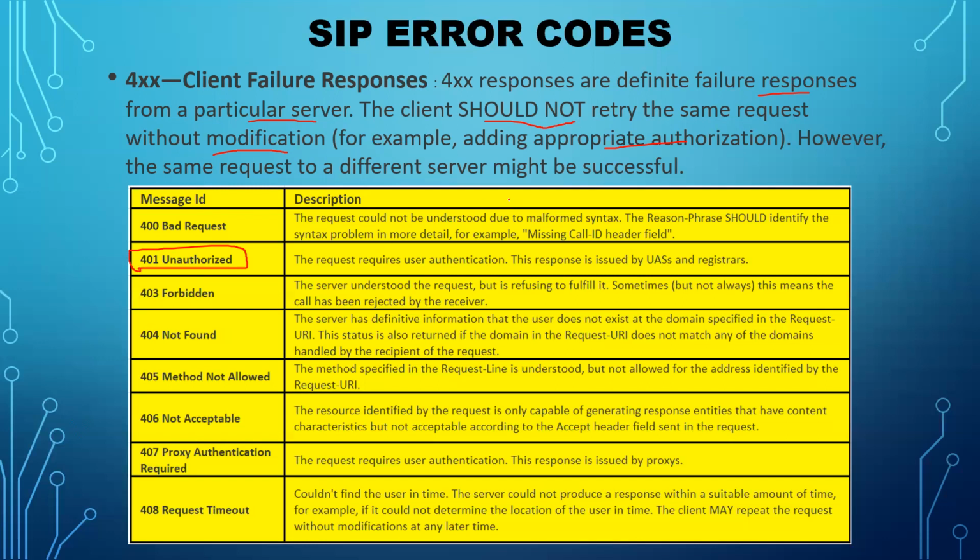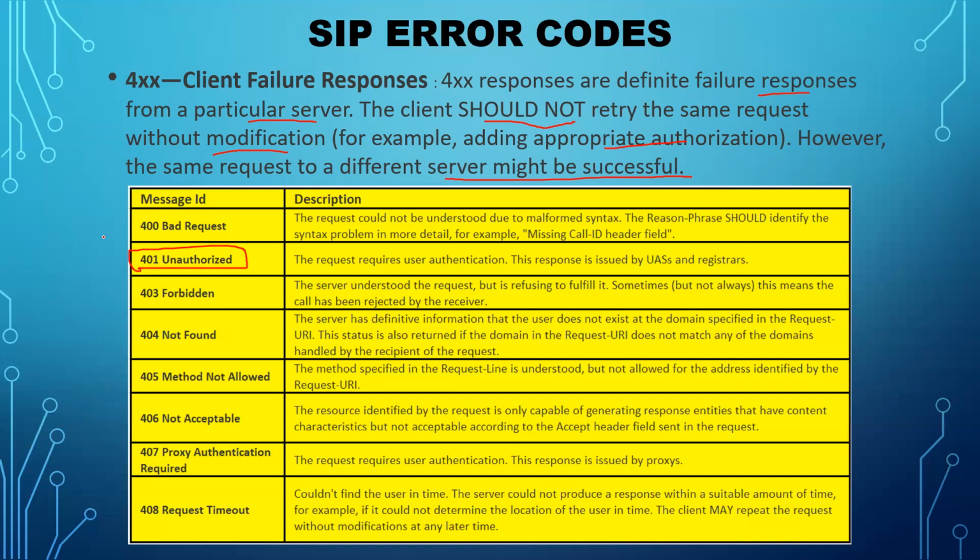However, the same request to a different server might be successful, because at that particular point in time another server may be available while this server is not. That's why you are getting the 4xx messages.